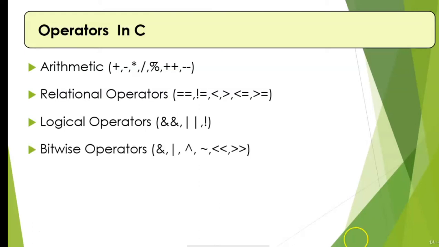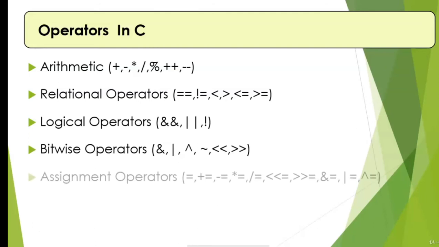is true. There are the bitwise operators. We can apply bitwise AND, bitwise OR, bitwise XOR, bitwise NOT. There is a left shift operator as well as a right shift operator. C language also supports assignment operators in terms of equal to, plus equal to, minus equal to, and so on.